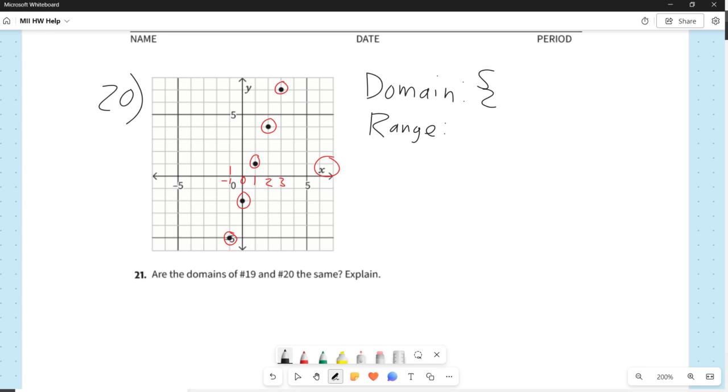So our domain includes -1, 0, 1, 2, and 3. And that is it. You have exactly 5 choices for your input. You can plug in a -1, a 0, a 1, a 2, or a 3. That's it. You cannot plug in 1/2. You cannot plug in 2 2/3, right? It has to be one of these 5 numbers.